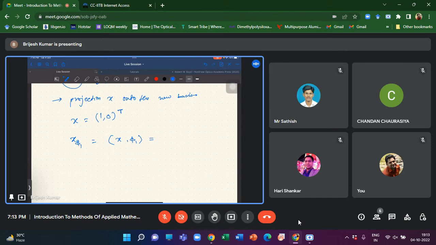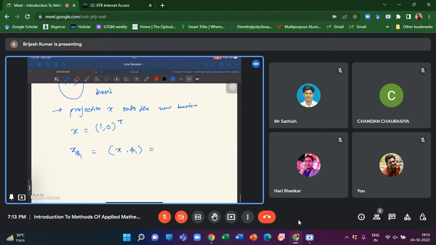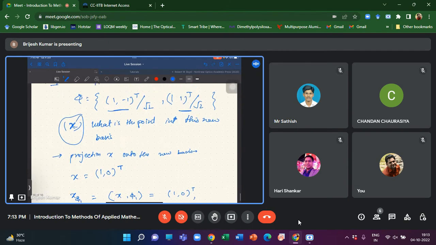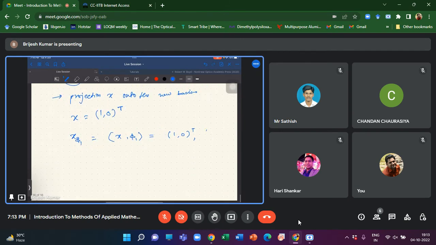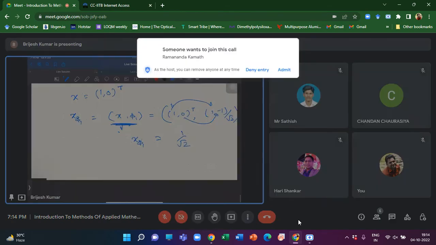So what will we get? We consider (1, 0) transpose comma phi 1. Phi 1 is (1, minus 1) by root 2. Okay, so how will we multiply? We multiply this one and this one, because this is the dot product. Okay, so this will give 1 by root 2. So this will be our x phi 1.